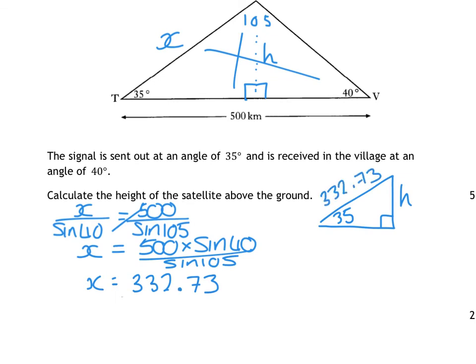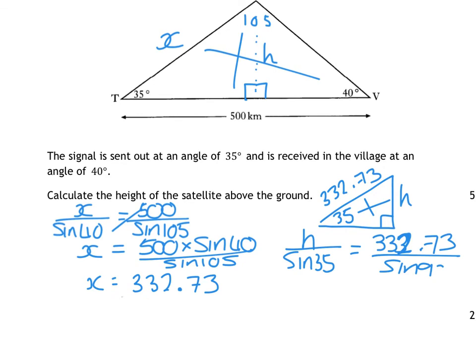Now you could just use SOHCAHTOA and do sine of your angle equals h over 332, but I just teach double sine rule now because it's just so much handier for pupils. So we want h, so it's h over sine 35 equals your length of 332, sorry I've changed that number, all over sine 90.